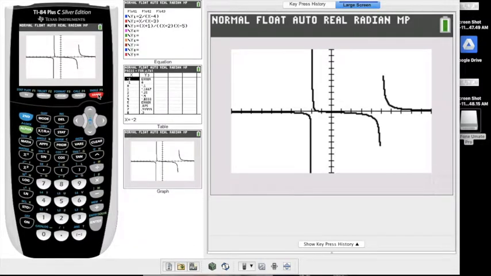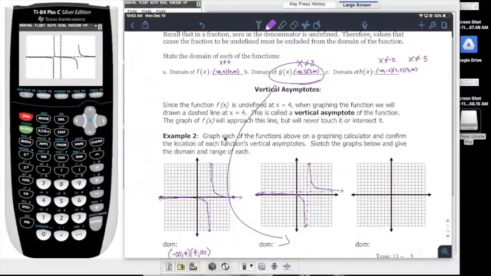So this one's got 2 asymptotes. Now it kind of looks like it doesn't go up forever. The calculators, for whatever reason, don't draw vertical lines very well, but it should be going up forever. So you have 2 asymptotes there. If you want to go ahead and graph a few things here, we can graph the asymptotes.